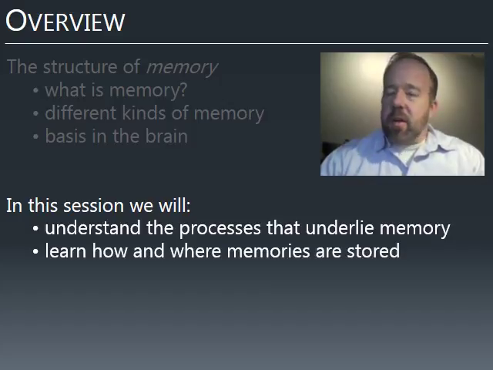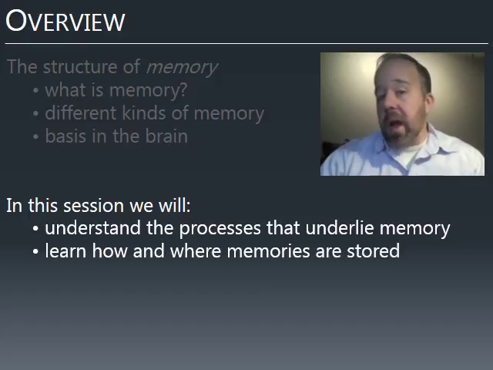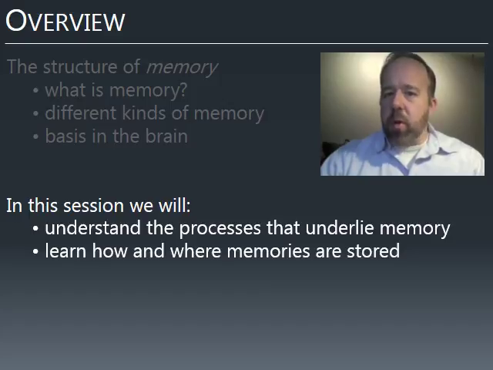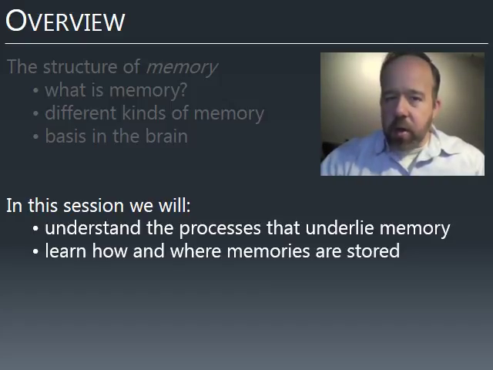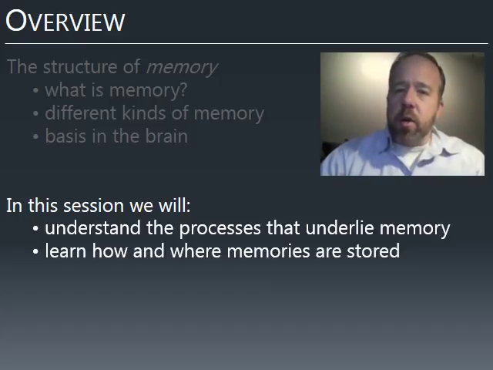We'll see how memories are stored in terms of timing, in terms of content, in terms of reliability. And we'll talk about where memories are stored in a certain sense. At the small scale, we'll talk about how individual neurons, we think, store information. And we'll talk about some of the structures that are critical for certain kinds of memory.